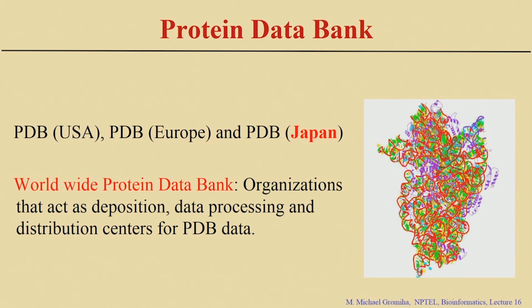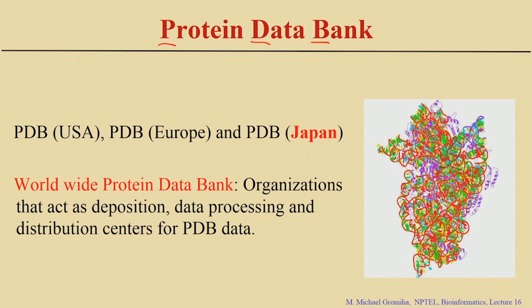They formed this Protein Data Bank. It is organized by institutions from different countries like Japan, Europe or the US, so they have PDB USA, PDB Europe and PDB Japan.